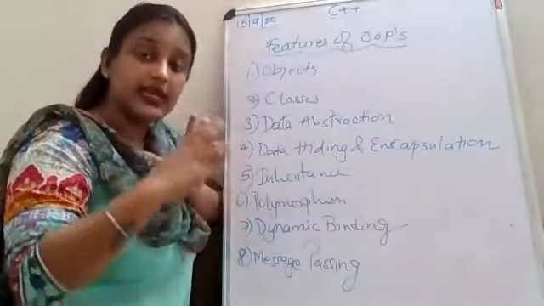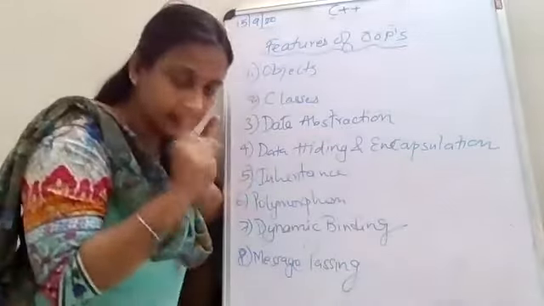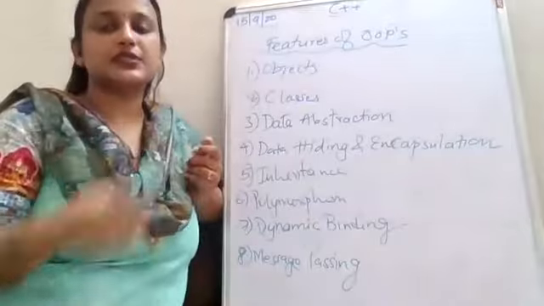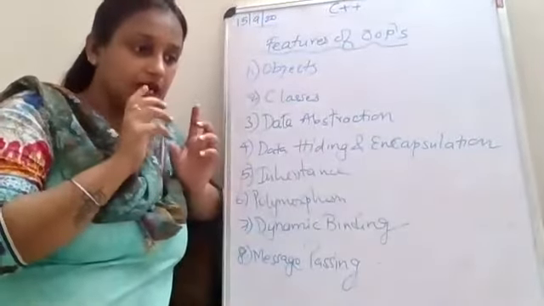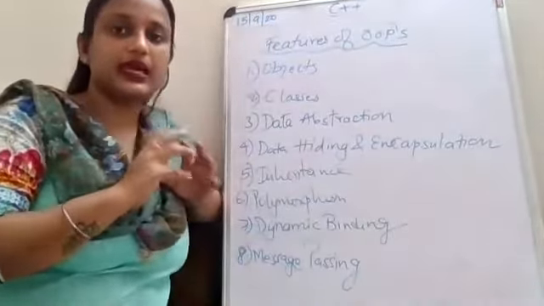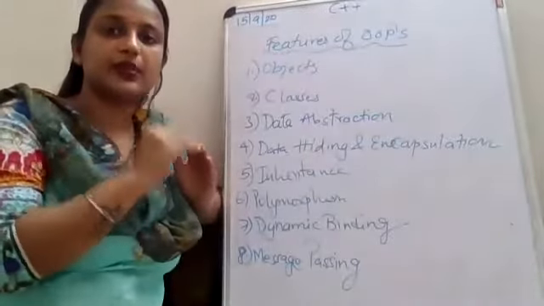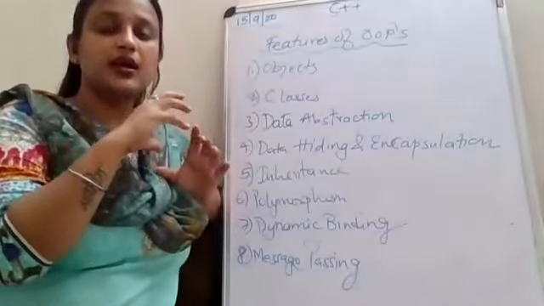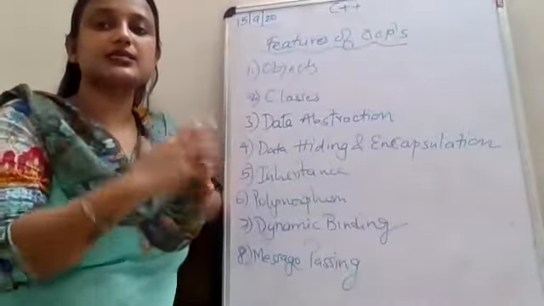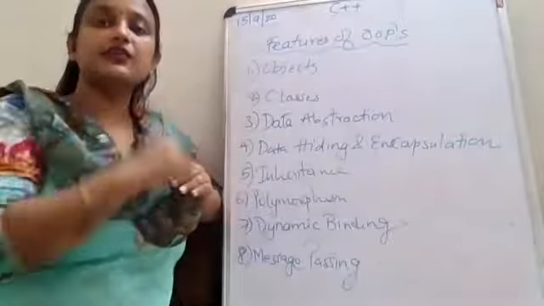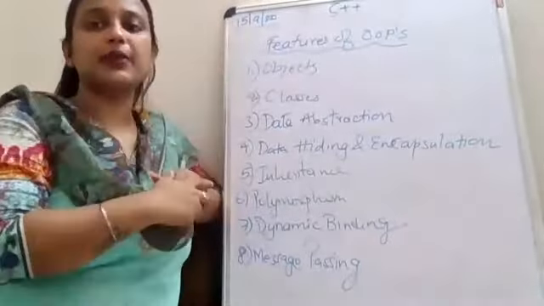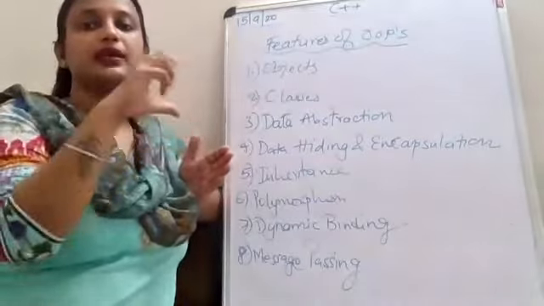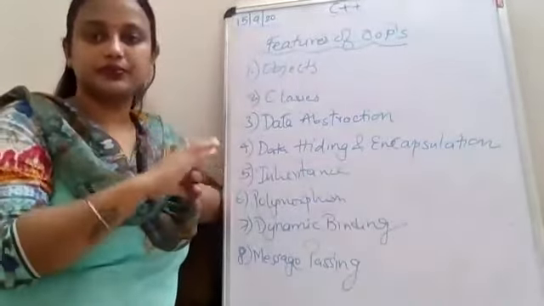Remember this point, I haven't spoken about this point, I've seen the videos, that if I have made some data private, suppose I have made m and n private, so only the public section of that class can access that m and n. Even void main cannot access m and n. It has to get accessed through public access specifier only.